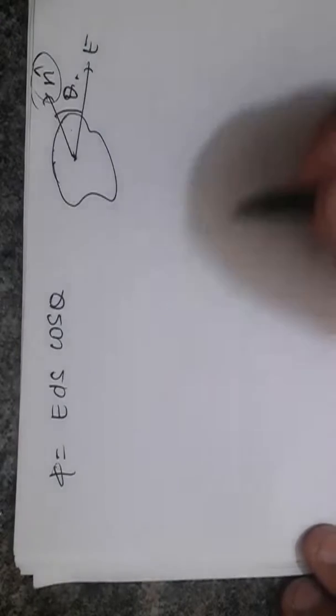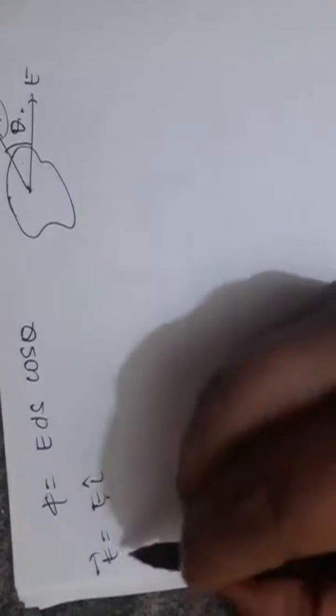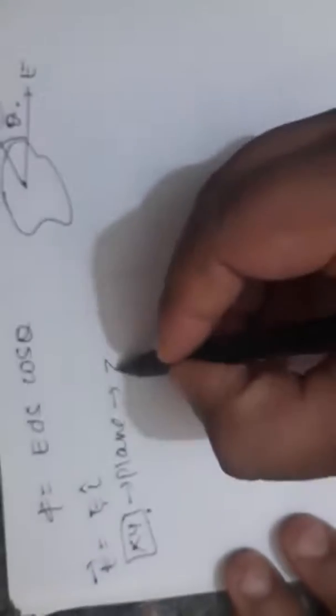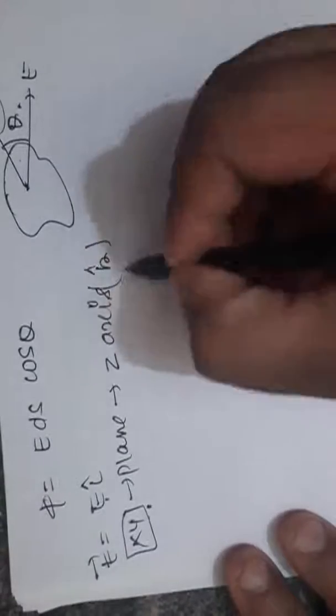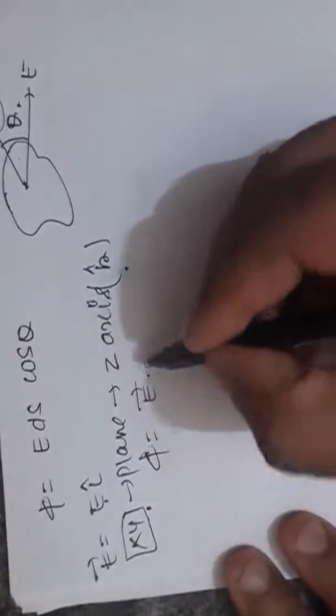Take the example that my electric field is along the x-axis, but my given surface is lying in the xy plane. If it is in the xy plane, its normal will be along which axis? Z axis, that is k cap. Now flux is E dot ds.